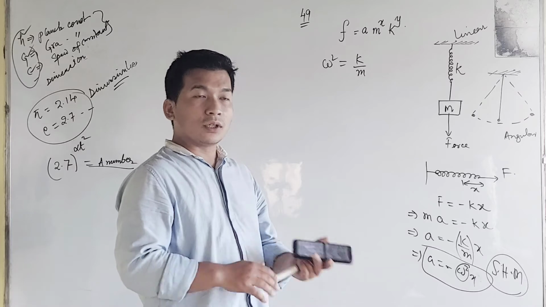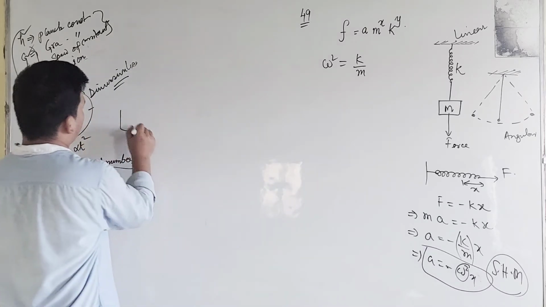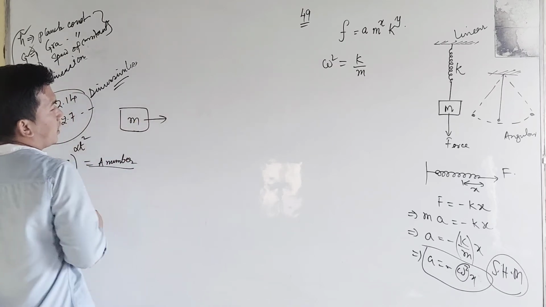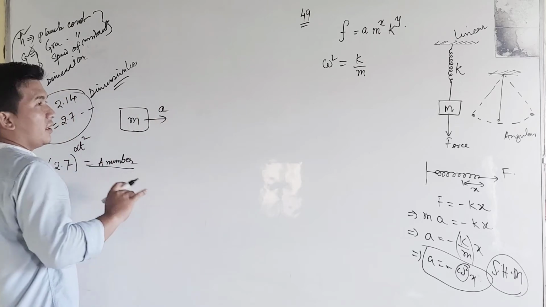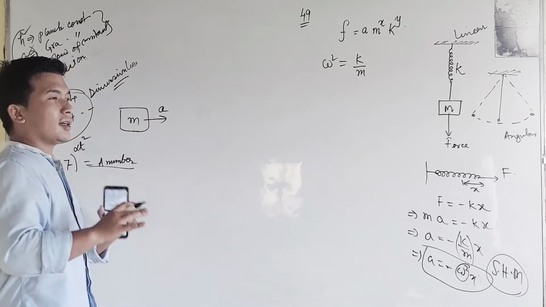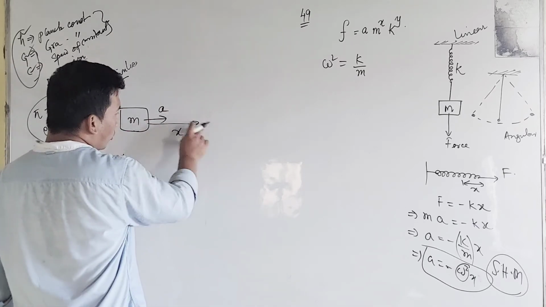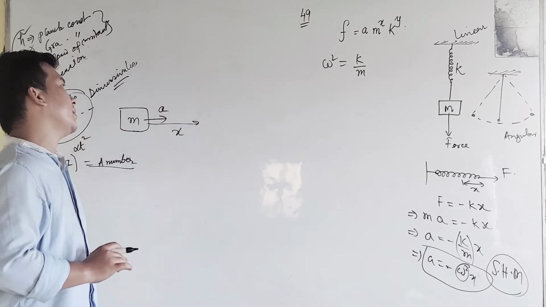Take a general concept: if this is a car of mass m, and if acceleration is produced, that means if you kick the accelerator, here displacement is along the direction of your acceleration.